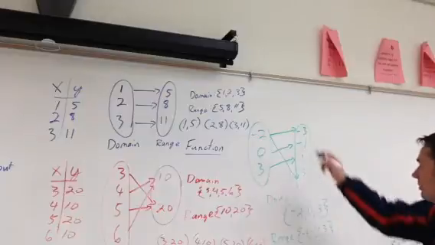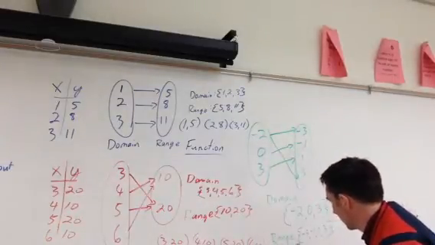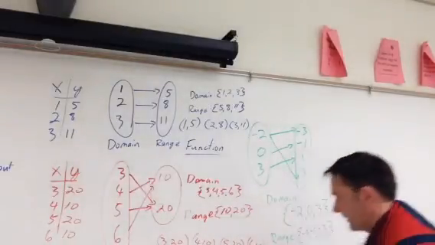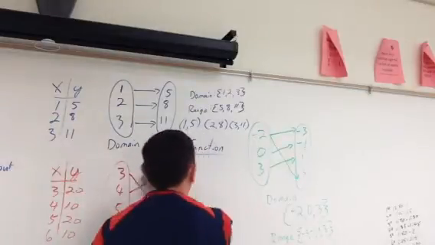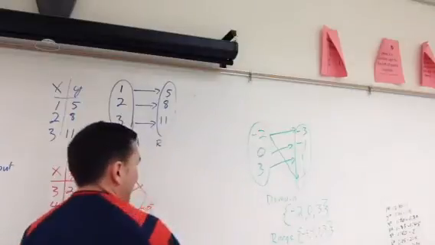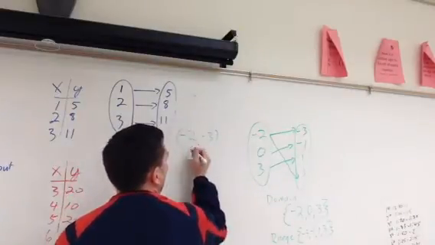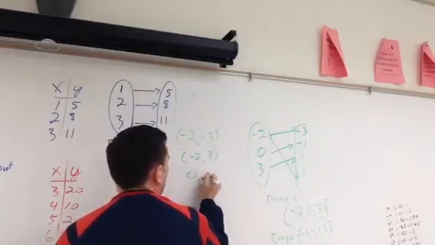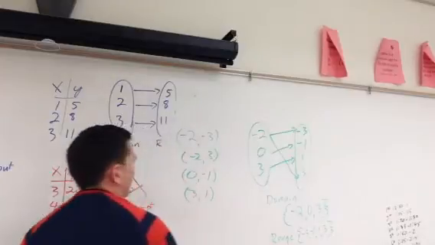Write these as ordered pairs. You have (-2, -3). You can't see that. I'm going to erase this one over here so you can see this a little bit better. So we have (-2, -3), (-2, 3), (0, -1), and (3, 1).